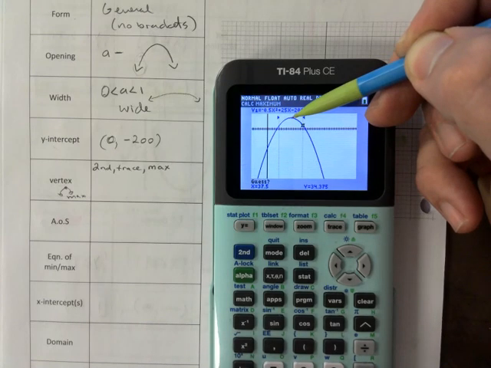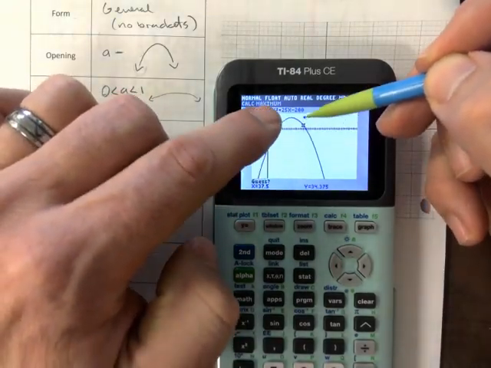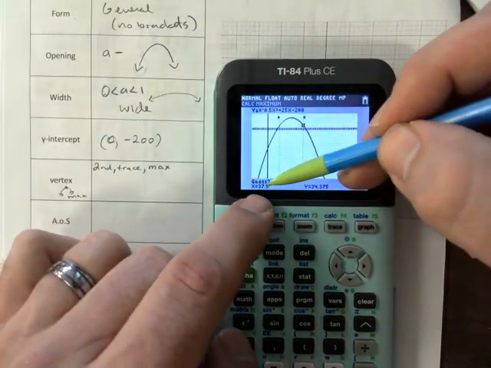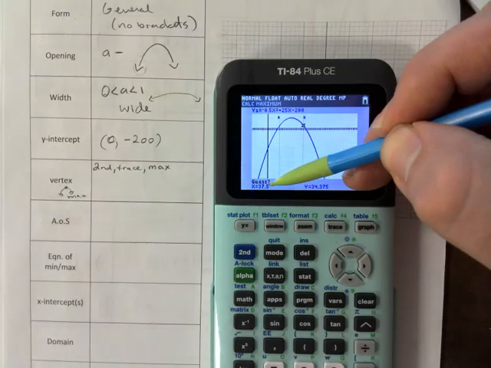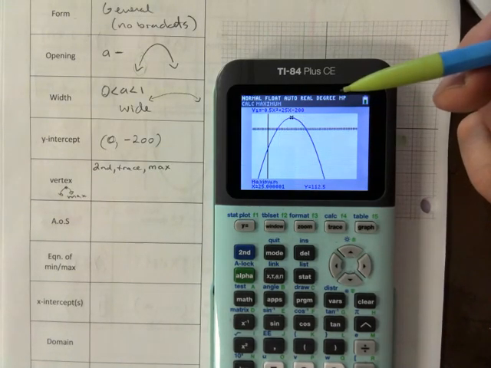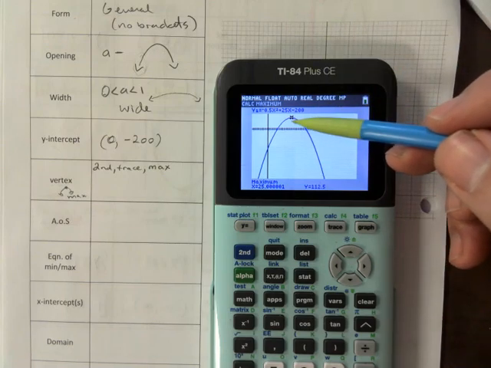That's all. See how you've now told the calculator the vertex is somewhere in between these two lines. When it says guess, the calculator is just saying, can I start looking for it? Just hit enter. And it should stop right where it's supposed to be.